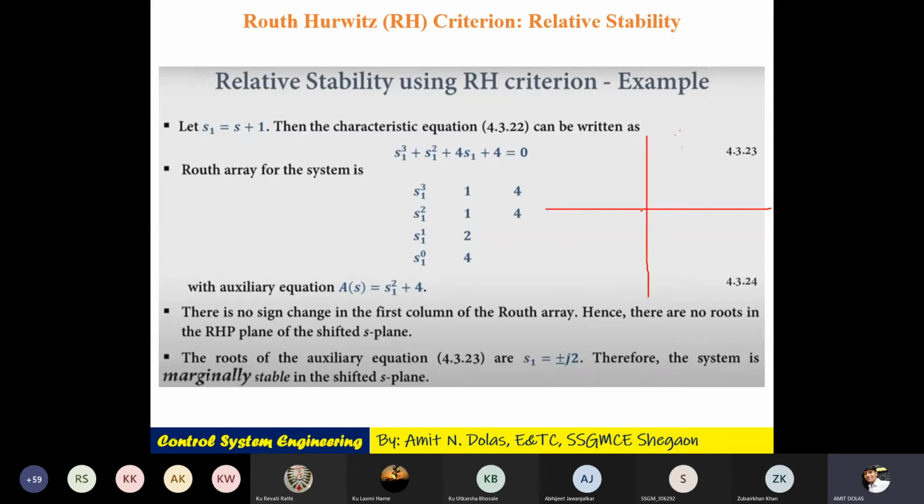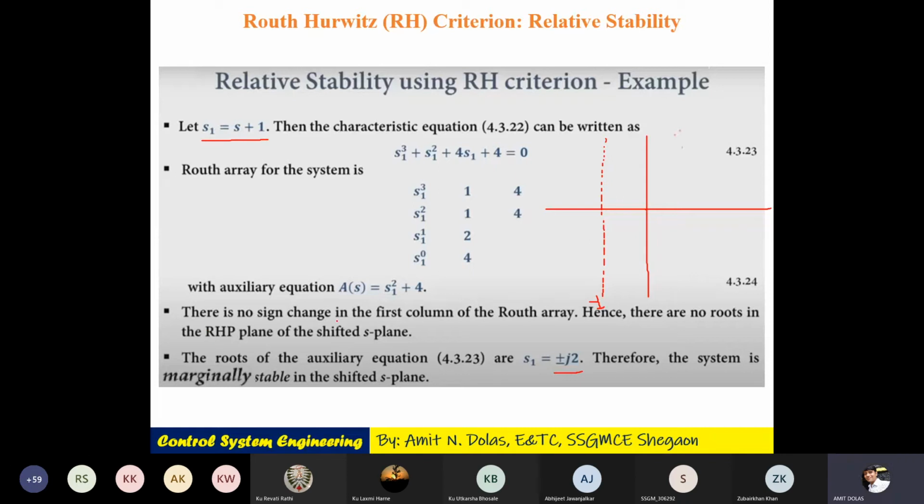Initially, how was it? Initially we were working at sigma is equal to 0. Now, to get relative stability, I have used another axis. I cannot draw a straight line here, but I'm using this as a reference axis at -1.